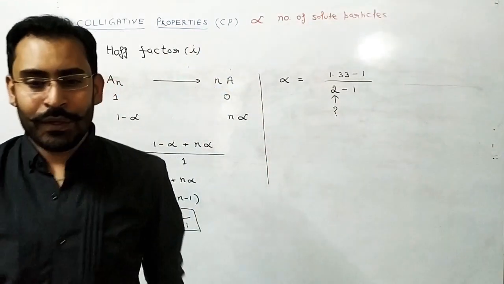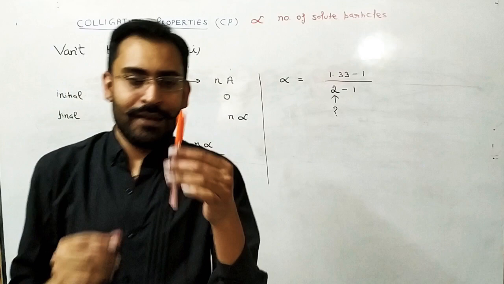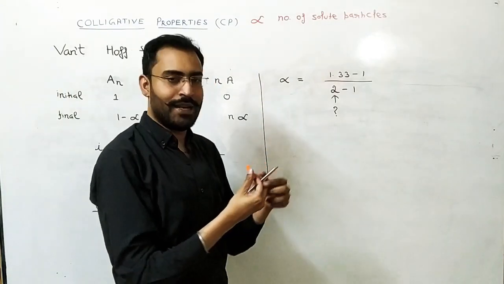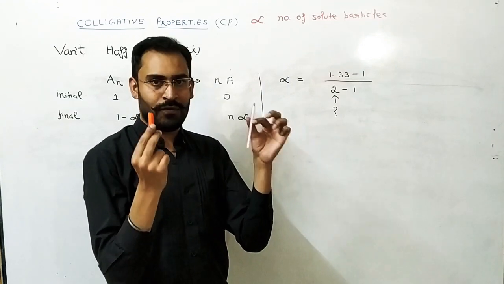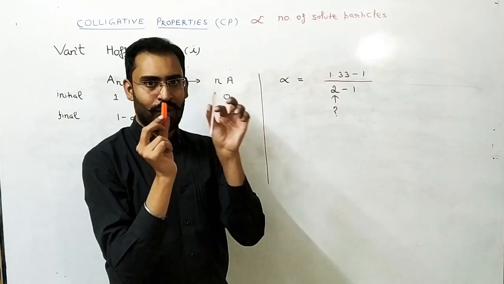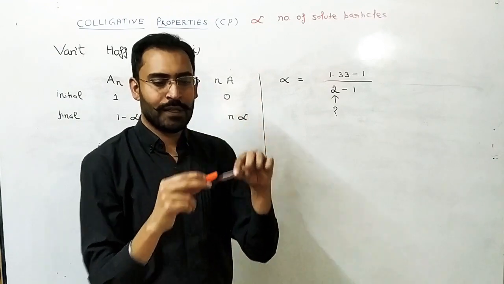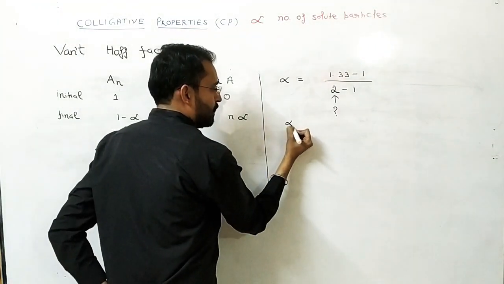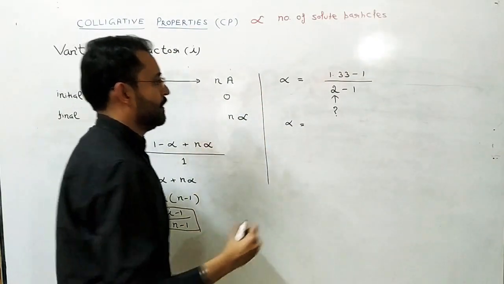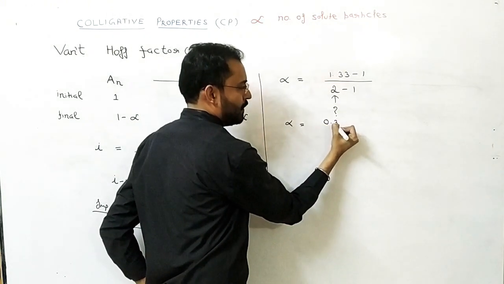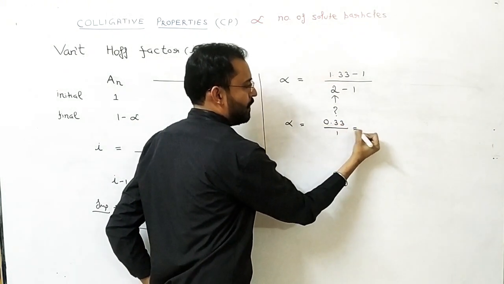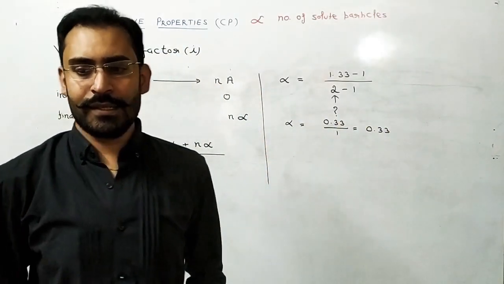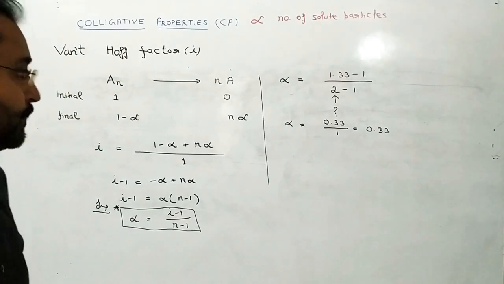Why 2? 1 pen dissociated into 2 particles. So n is the number of particles formed after complete dissociation of one solute particle, 2. Solve for alpha: alpha is 0.33 upon 1, 0.33. Same as in that example.